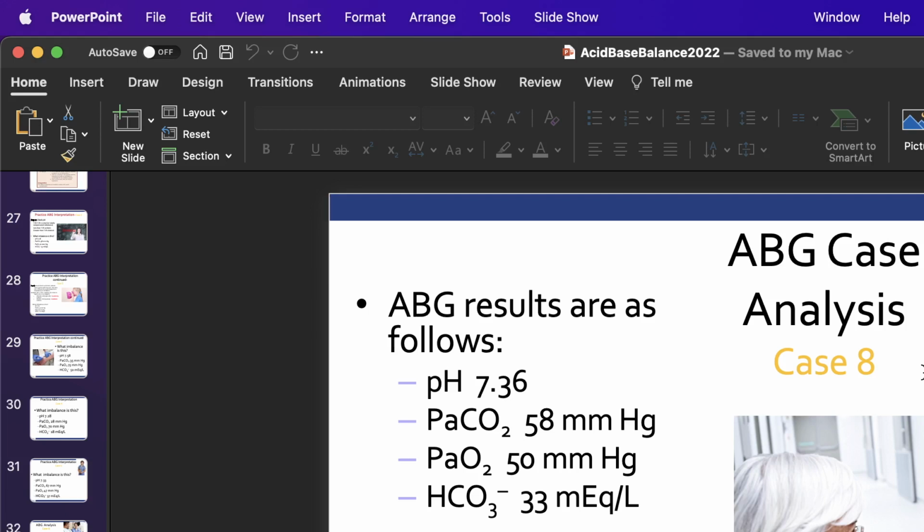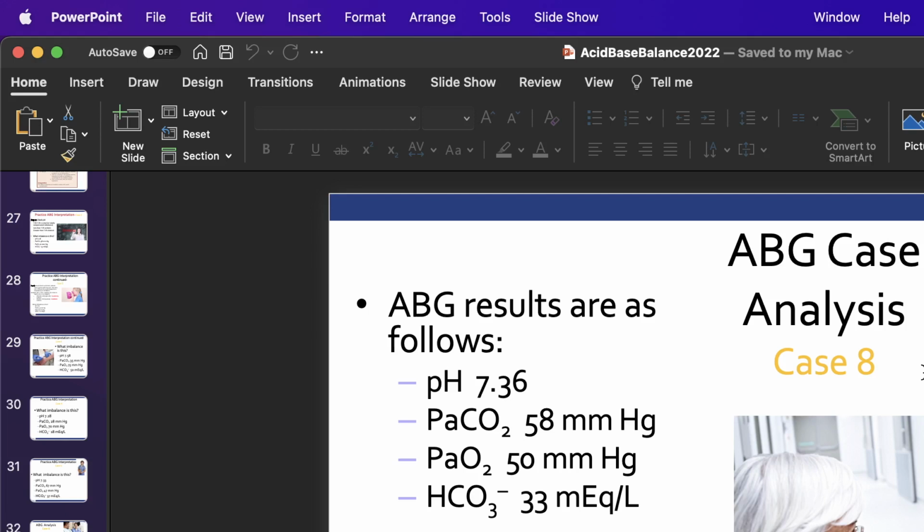So how you're going to analyze a blood gas like this is the value that falls midway between 7.35 and 7.45, which is 7.4. Anything less than 7.4, we're going to consider falling on the acid side. Anything greater than 7.4, we're going to consider falling on the base side. This one is 7.36, so it falls on the acid side.